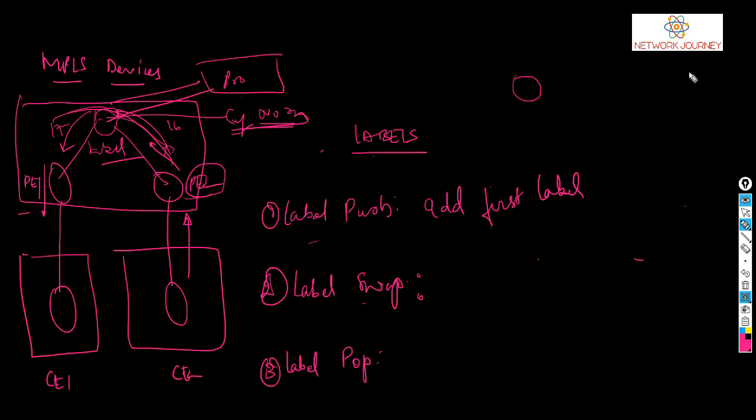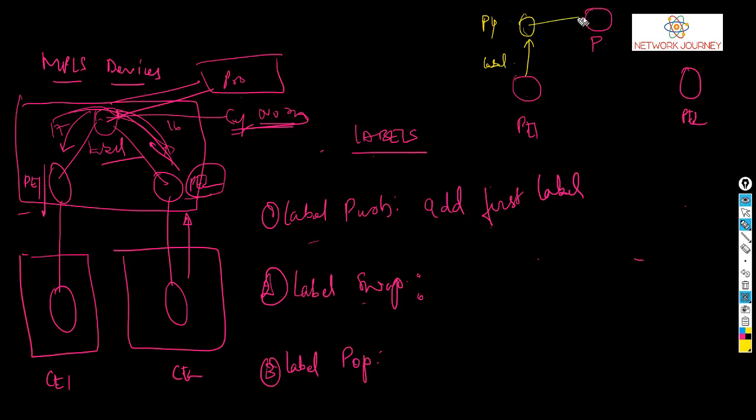Say, for example, I had my P2 and P1, and this was my core. Okay, P. But intermediately, let's say if I also had other routers. Okay, I can call it as like P4 and P5. Now what would happen is this router is gonna label it.